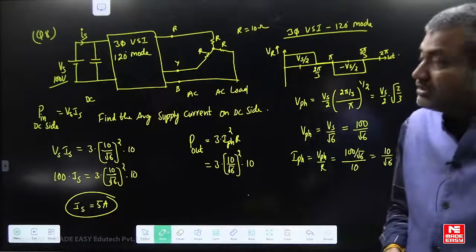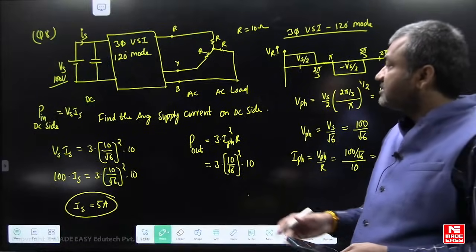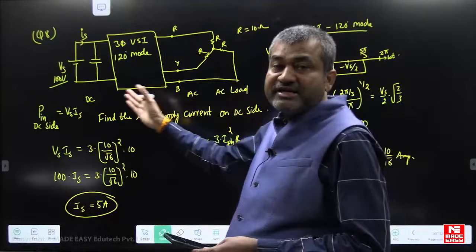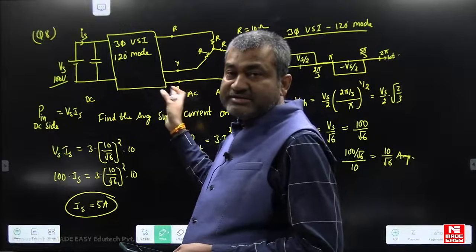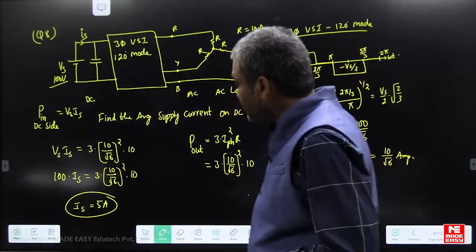Just use the power balance equation. Equate input power on AC side equal to output power on AC side equal to input power on DC side. You will get the supply current.